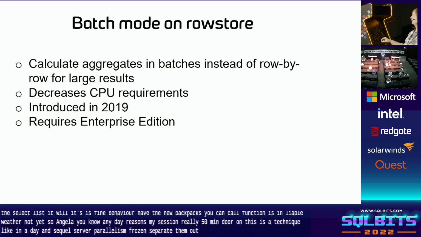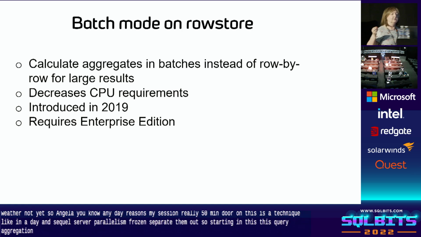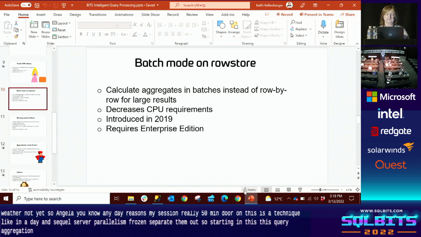Previously, it had to be a column store index to take advantage of this technique. Starting in 2019, Enterprise Edition, for large aggregate queries, this will kick in. If it's just a small query, it's not going to kick in. It pretty much needs aggregation. So again, Enterprise Edition.